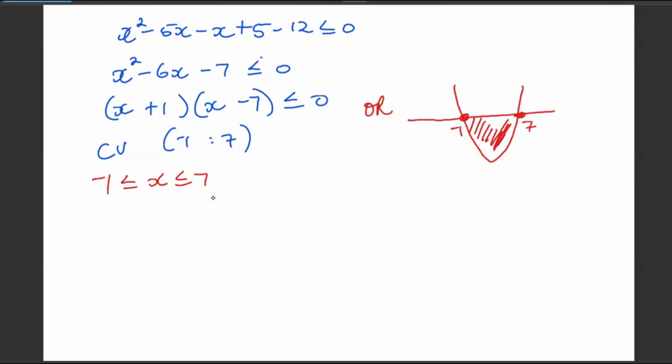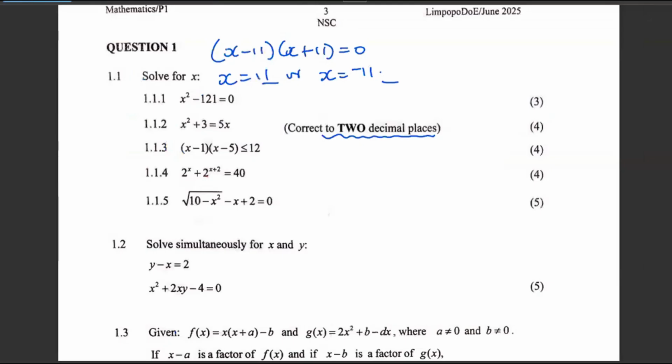And then 1.1.4. This is an exponential equation. With exponential equations that have plus or minus, we need to factorize. So let's take the 2 to the x out. We're going to be left with a 1 here, plus we're going to be left with 2 squared, which is a 4, and that should give us 40.